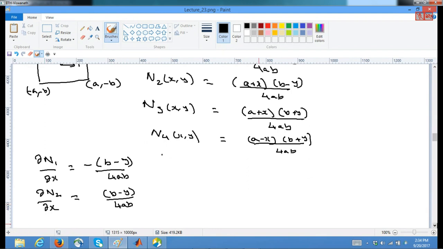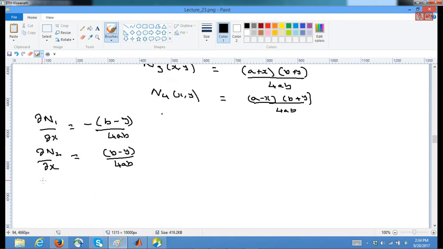Then dN3 by dx is (b plus y) over 4ab, and dN4 by dx is minus (b plus y) over 4ab. Because there is a minus sign, when I differentiate I get minus 1; here it is plus 1, and the other things remain.